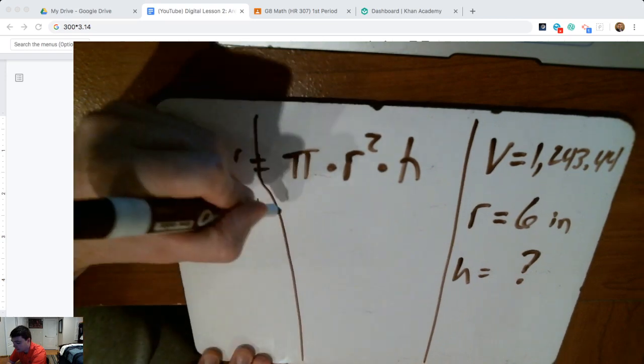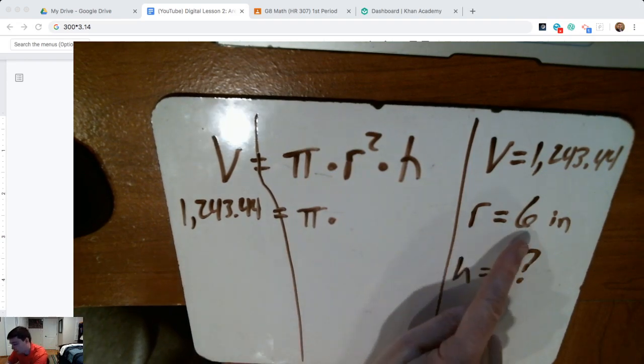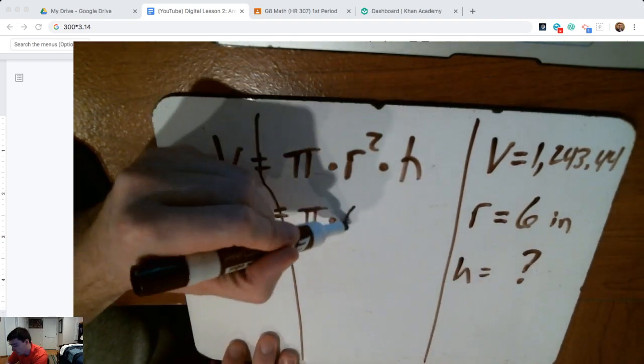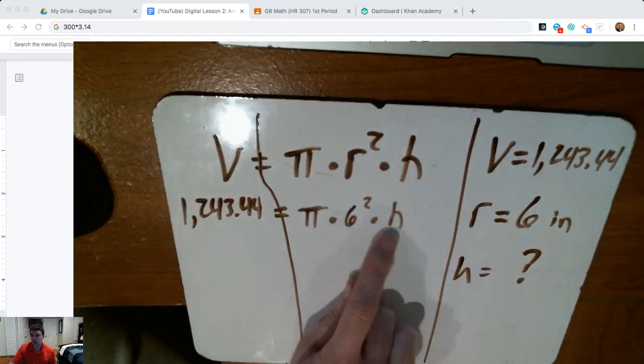And that's going to be equal to pi times the radius squared. In this case, we know the radius is 6, so I'm going to plug a 6 in for r. And we do not know the height yet. That's our goal in this problem, to figure out the height. So that's going to remain as h in our equation.